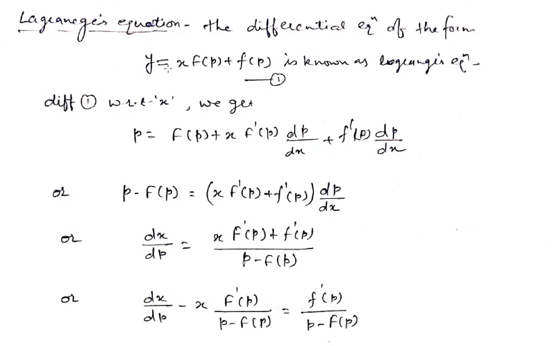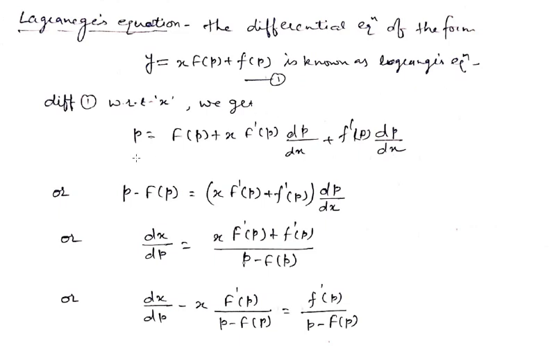So first we differentiate the given equation with respect to x, hence we get dy upon dx becomes p, and in the right hand part the derivative of x gives us 1, so it gives us f of p, plus the derivative of f(p), which is f dash p into dp upon dx, plus the derivative of g, which is g prime p into dp upon dx.